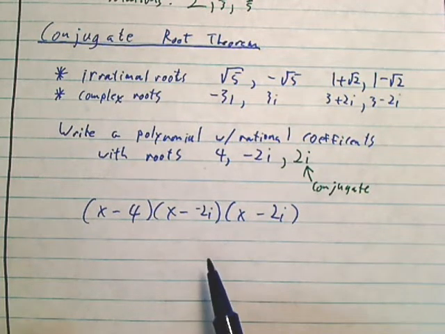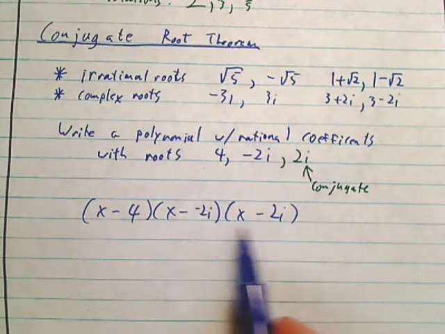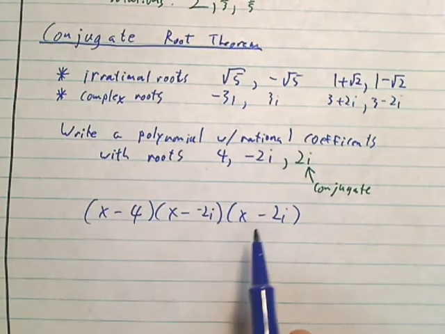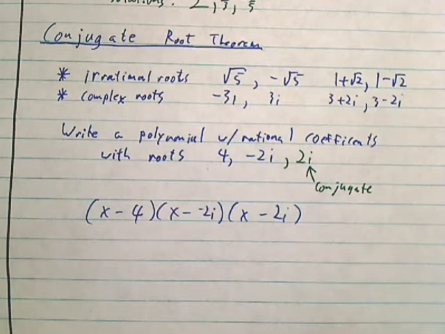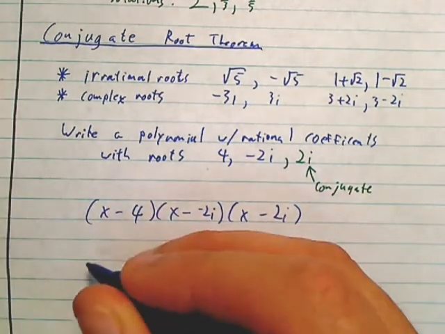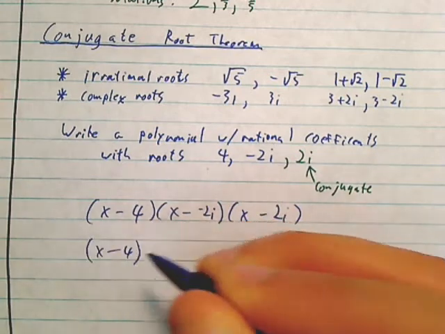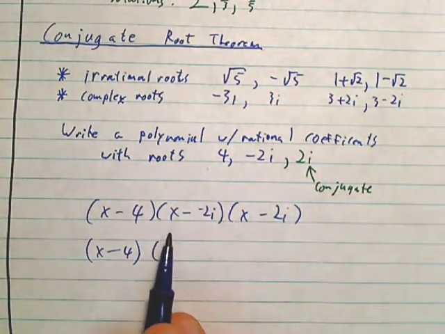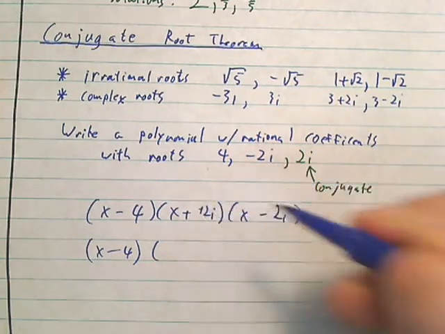So let's always start by multiplying the conjugates together first. So we're going to multiply x. This is really x plus 2i, right? Minus negative becomes plus. So we're going to take x plus 2i times x minus 2i. And I'm going to copy this one down. And if you do that and you FOIL it out, remember the conjugate, you just have to FOIL it. So let me see.